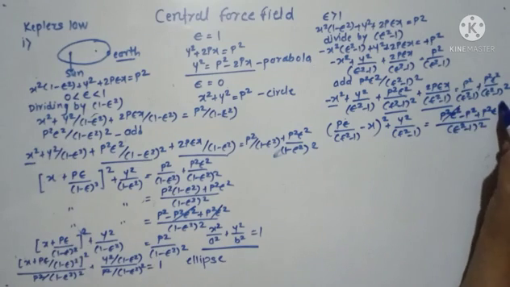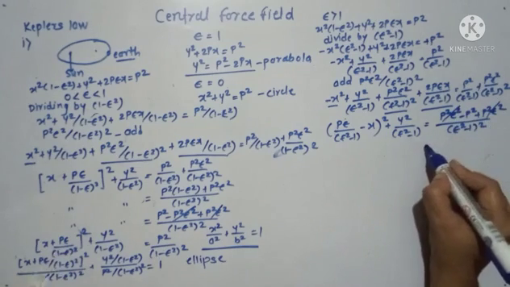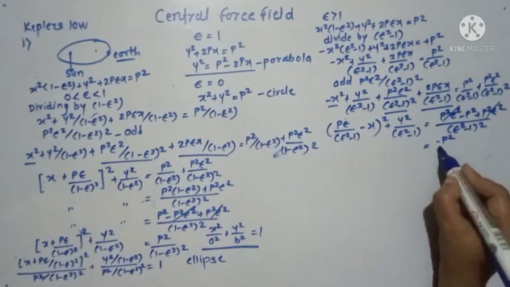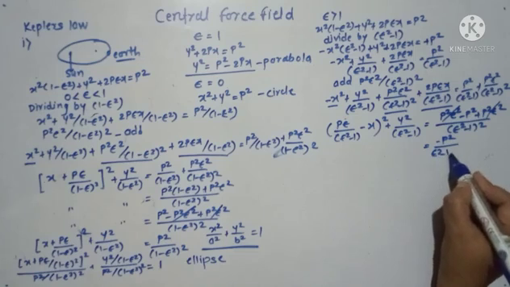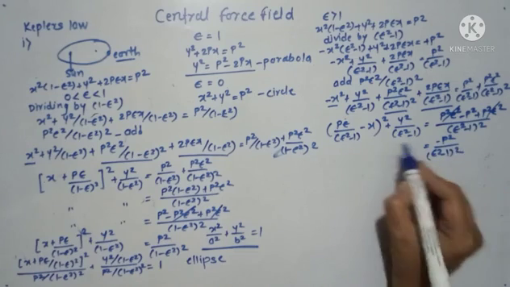The p squared epsilon squared terms get cancelled, and what I get here is p squared epsilon squared upon (epsilon squared minus 1) bracket squared.